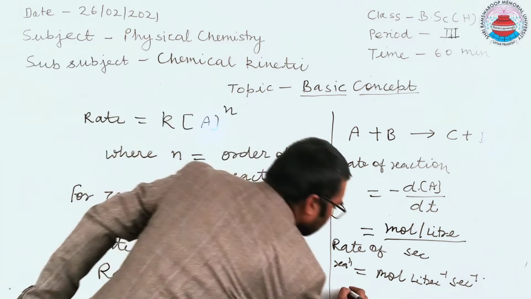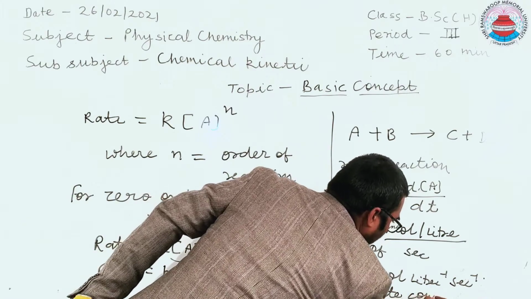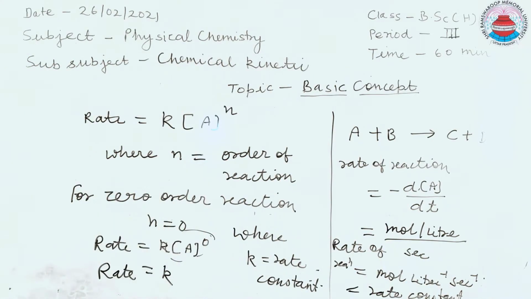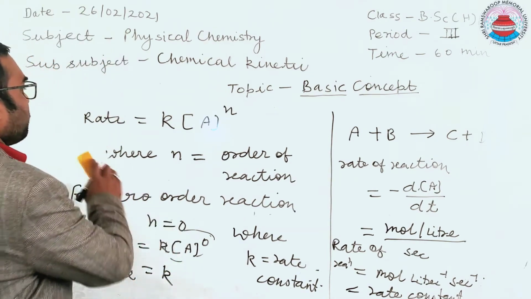Then this is also the unit of rate constant for a zero order reaction. For a zero order reaction, the rate constant and the rate of reaction have the same unit.